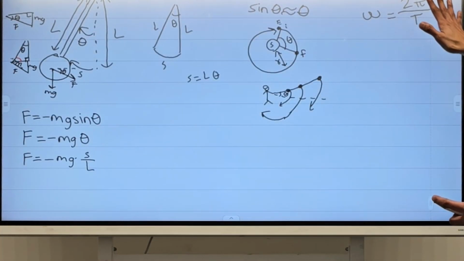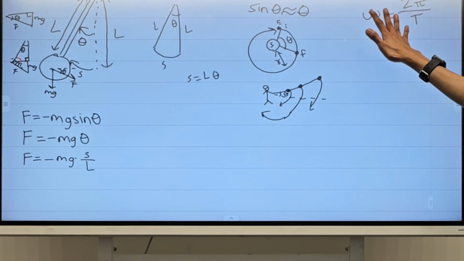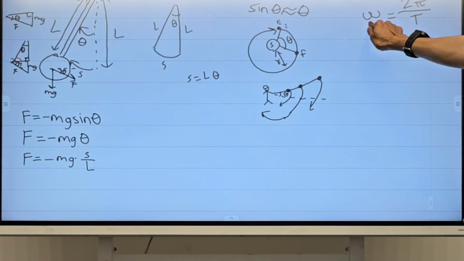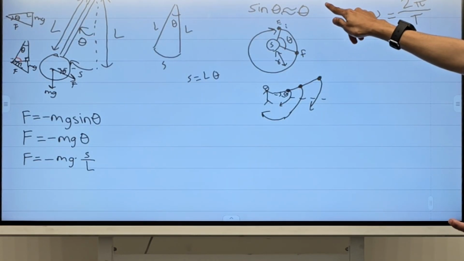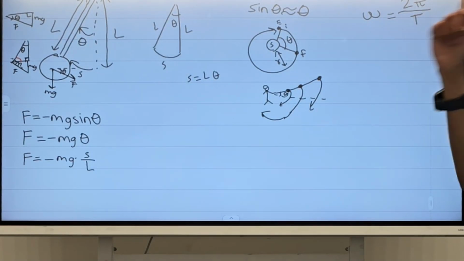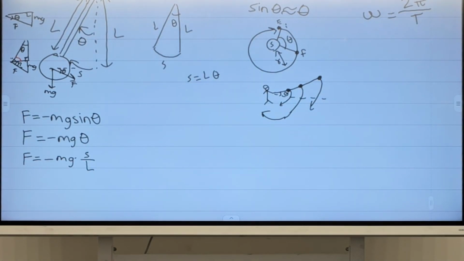But basically, we're going to be working a lot with this in this section of the video, so be familiar with this little guy. This little guy is responsible for the Earth rotating around the sun, or you swinging a rope with something attached on the end.